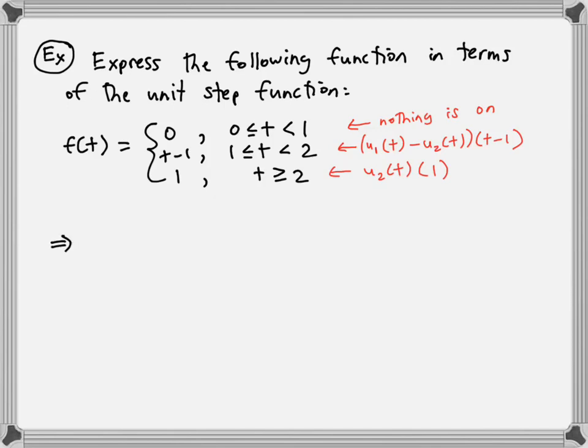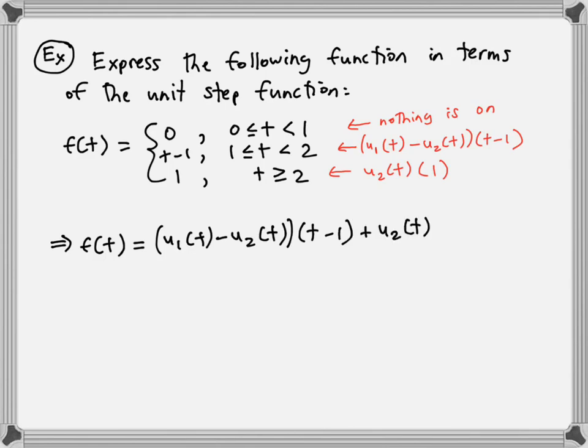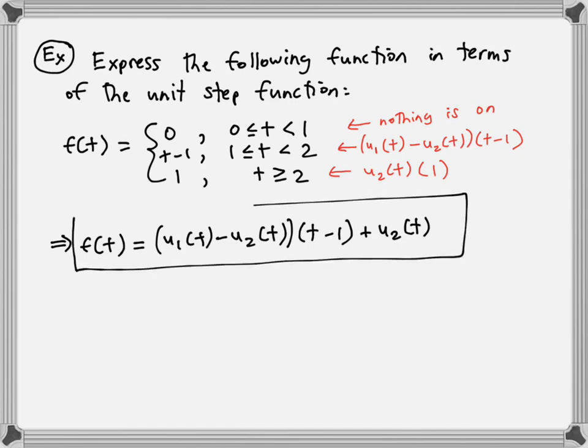So this means that f of t is equal to u1 of t minus u2 of t times t minus 1, and then plus u2 of t times 1, okay? Now, you could write your answer this way because technically it just wanted us to write it in terms of the unit step function, okay? But this is going to give us the answer, right?